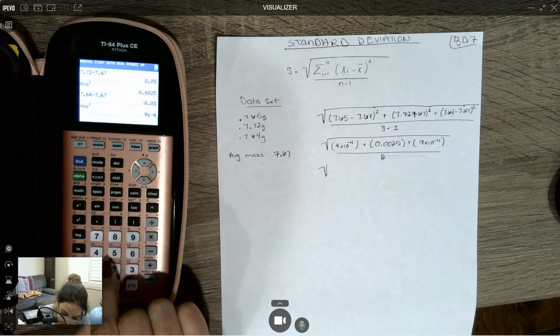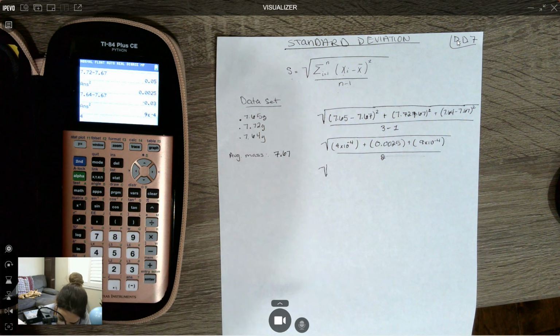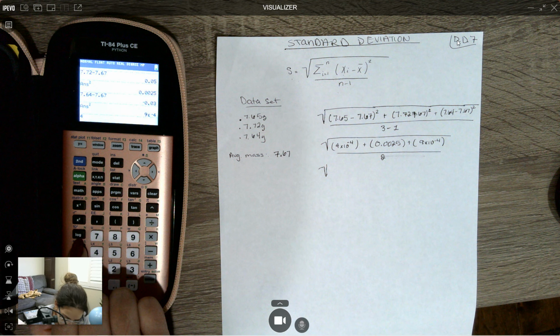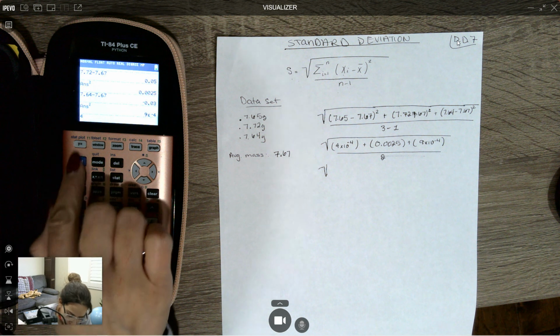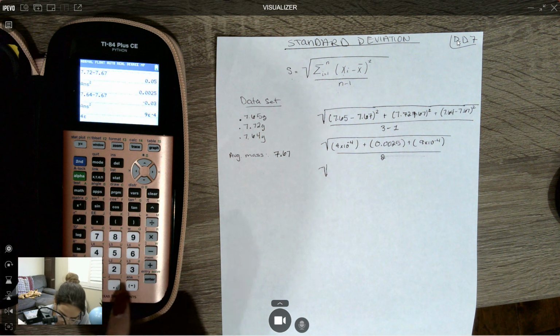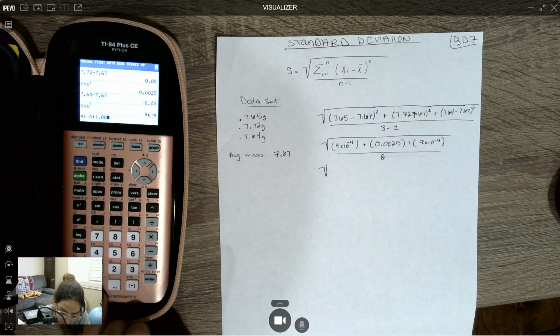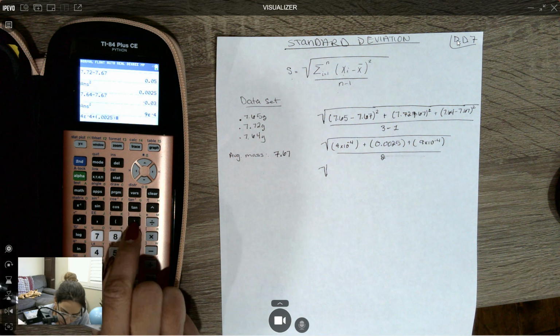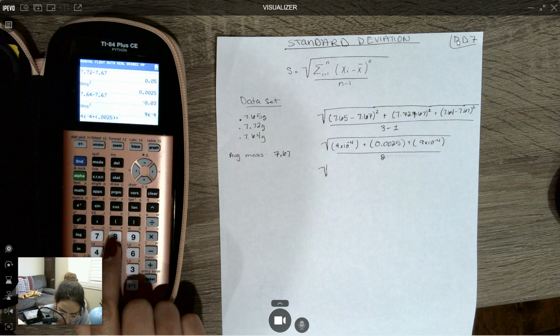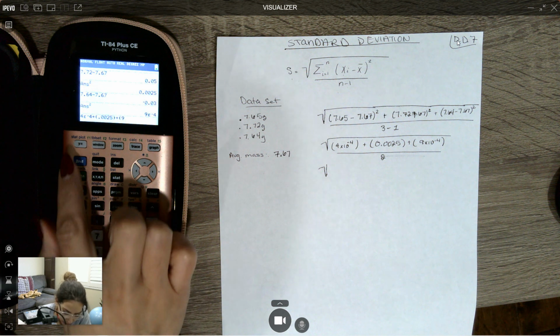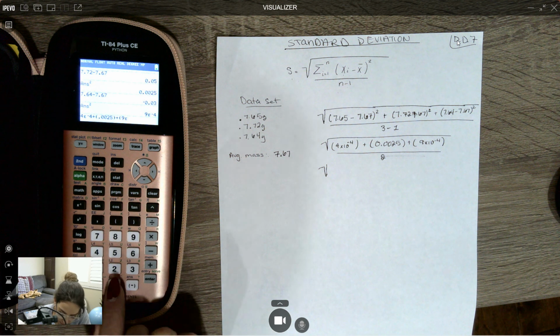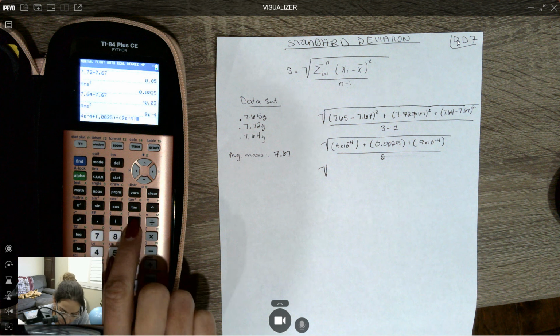And now I'm going to go ahead and add these together. So I have 4, let's see, where's my button on this one? EE, there it is. 4 EE to the negative 4, plus, and just in case, I'll put the rest of my numbers in parentheses. Some calculators are iffy. 9 EE to the negative 4.